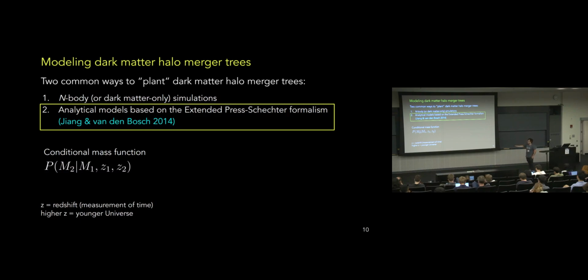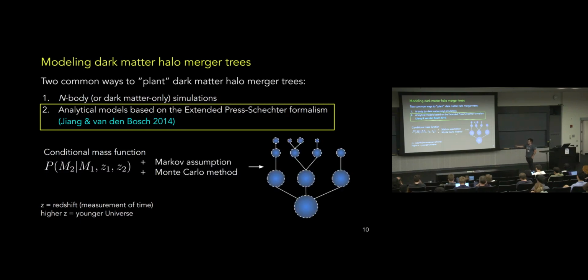So it gives you this, but to construct the merger tree, you have to make a bunch of assumptions, and some of these assumptions are a little bit ad hoc. At the same time, the conditional mass function itself, if you're familiar with galaxy formation, neglects a very important component of this evolution, which is the environment of the galaxy. It doesn't account for any of that, right?